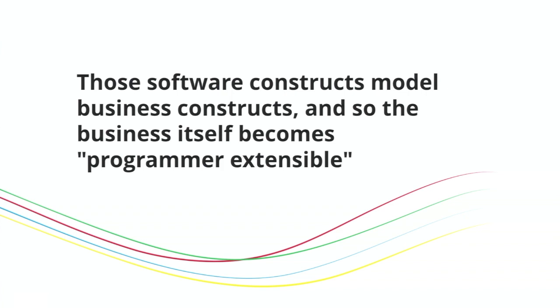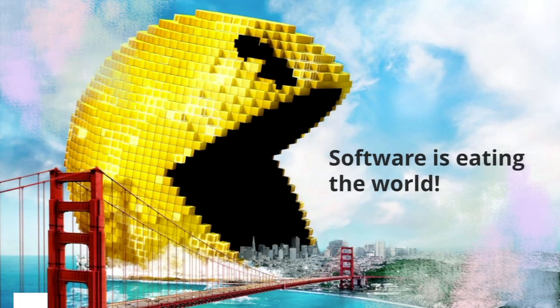So when you are exposing that to be programmer extensible, you have made the business itself in a way programmer extensible. And this is actually a way of thinking that is more and more spreading in the world of business. This is what they call, by this phrase, software is eating the world. Software is truly eating the world because you are flipping those business constructions inside out and exposing them in software, extensible in software, and then feeding back into the business.